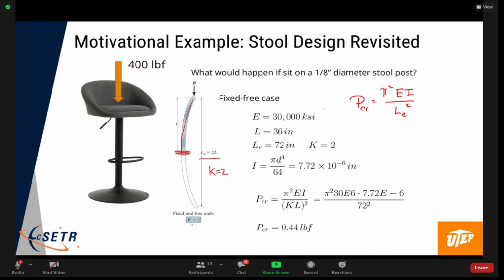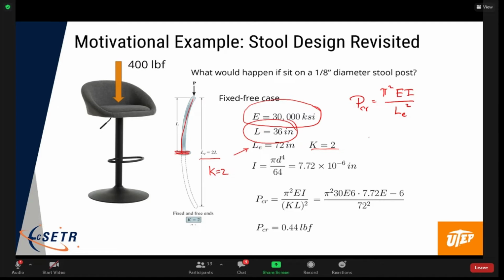So we have the Young's modulus of 30 ksi, so we have steel. It's a steel post. The length is, let's say, 36 inches. Now, for compression failure, the length doesn't enter into it. For buckling, it does. So that means my effective length is 6 feet or 72 inches. We use K equal to 2.